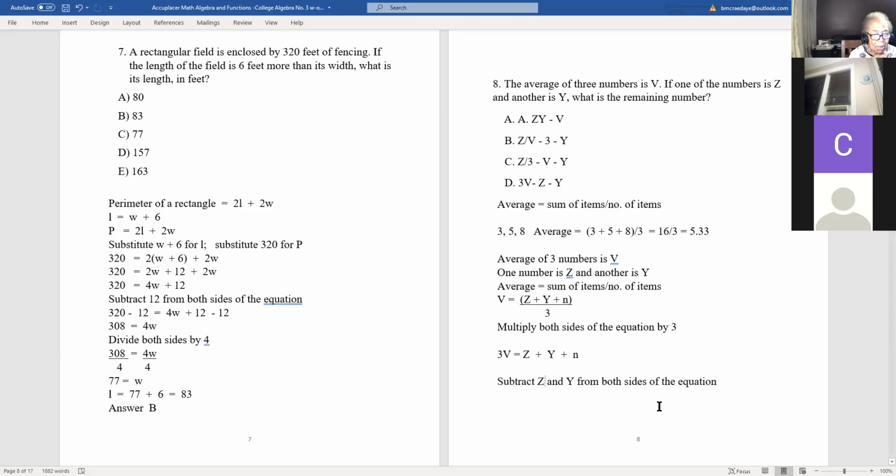Okay, let's just put the Z and the Y here, and then we'll go to one with the numbers. I want to see if it works better for you if you put the numbers. Okay, so we want to subtract Z and Y from both sides.